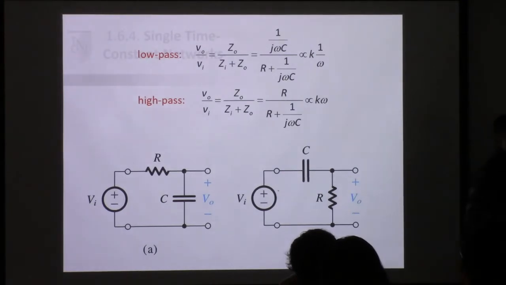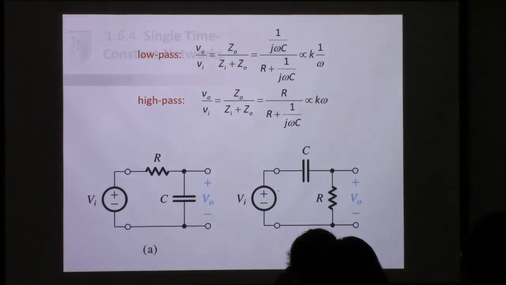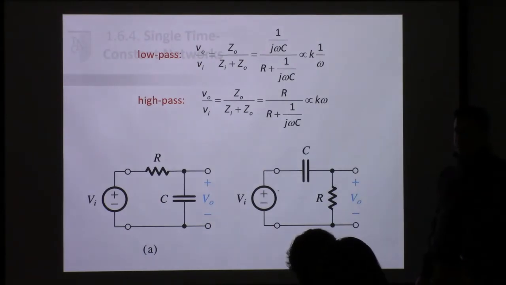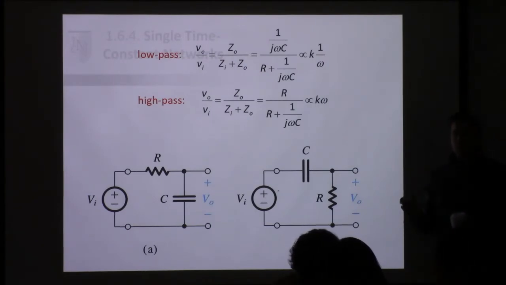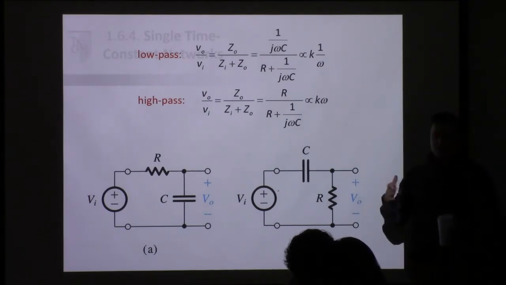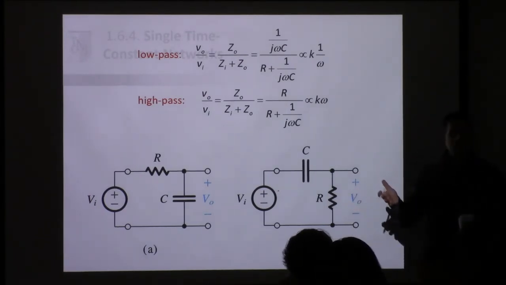Now, how do we go from here to here? Where do we get this 1 over j omega C? Yes, that's how you find the impedance of the capacitor. There's two expressions we can use: the reactance, which is equal to the impedance of a capacitor, because there is no resistive component, at least we assume there isn't.